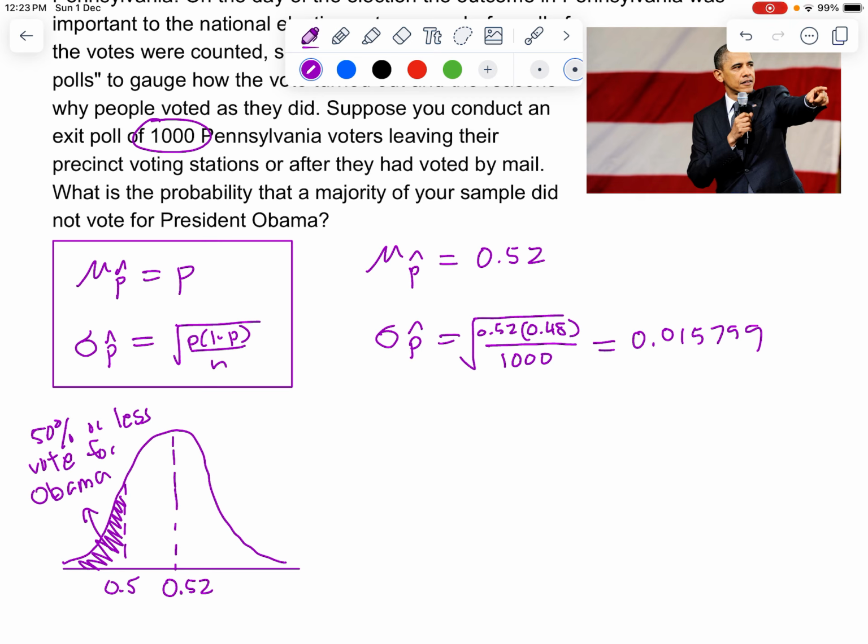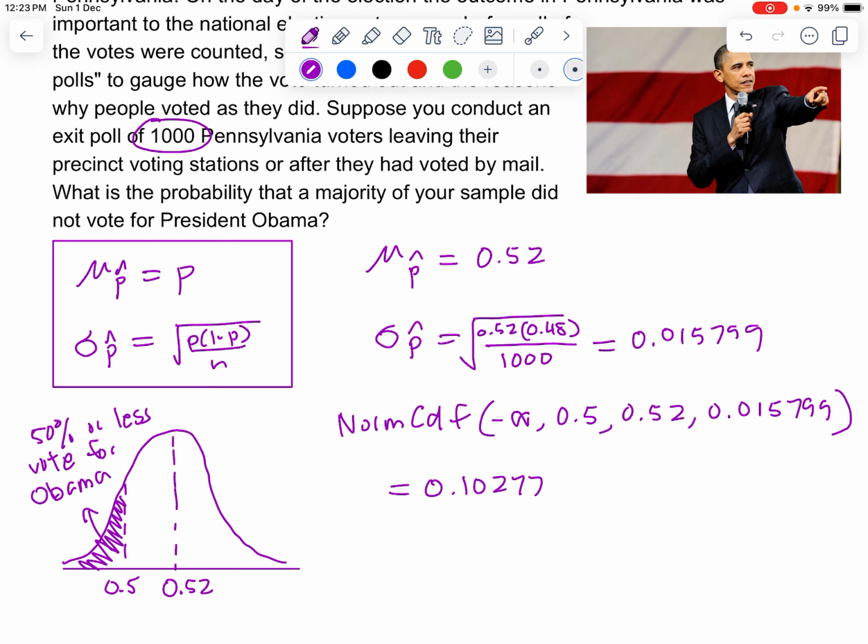Now we can use all this and put it in normal CDF to find out. Because it's 50% or less, the lower boundary is negative infinity to 0.5. And then the mean is 0.52 and the standard deviation is 0.015799. If you put that in the calculator, you get around 0.10277.